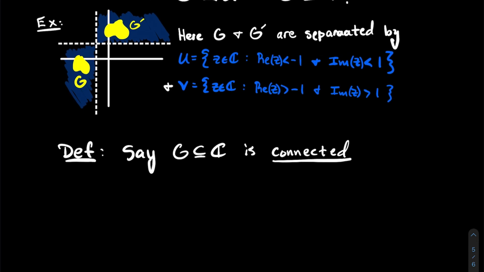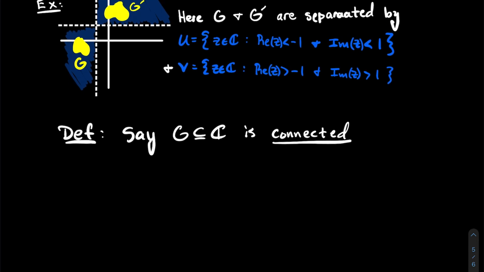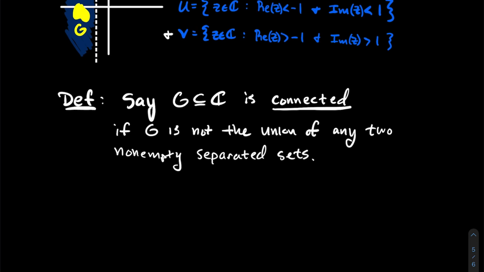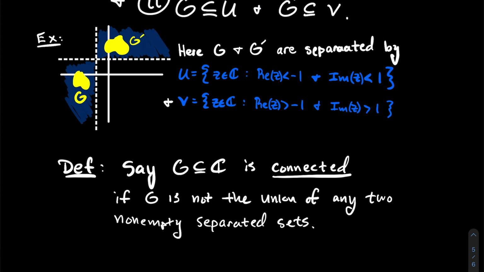The next thing I want to tell you about is what it means for a set of complex numbers to be connected. It's connected if G is not the union of any two non-empty separated sets. So maybe another way to think about that is like, there's one piece of G. If I was to think about G and G prime, if I was to mash those together and think about it as one set, take the union of those, then that would not be a connected set.